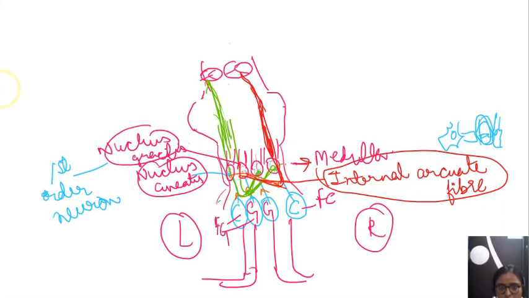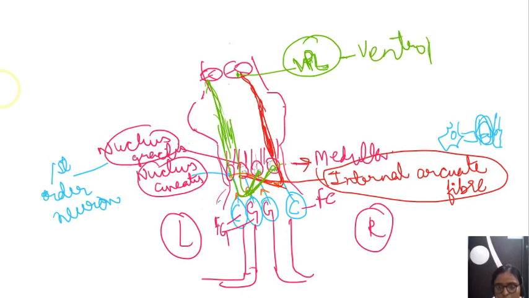In the thalamus, where will it terminate? In the VPL nucleus. In the thalamus also we have gray matter collections, that is called your nucleus. This is called your ventro posterior lateral nucleus. So VPL nucleus.